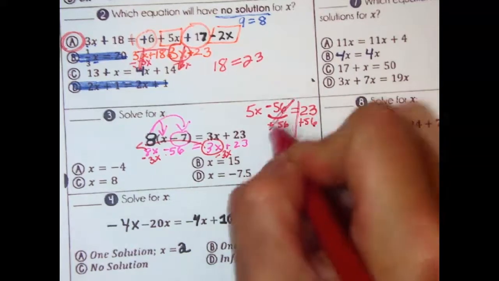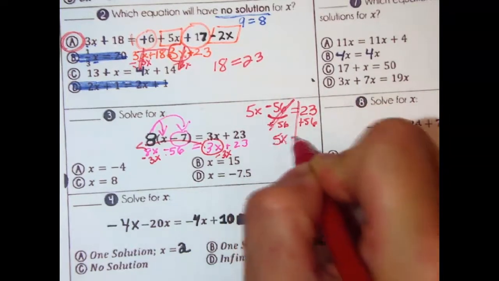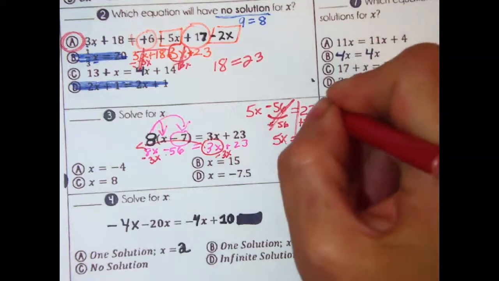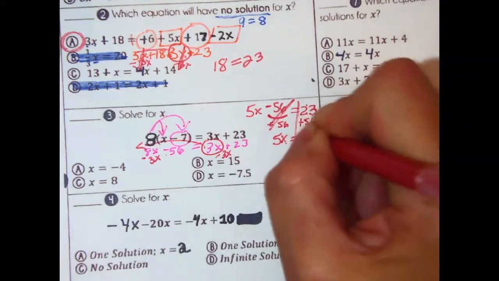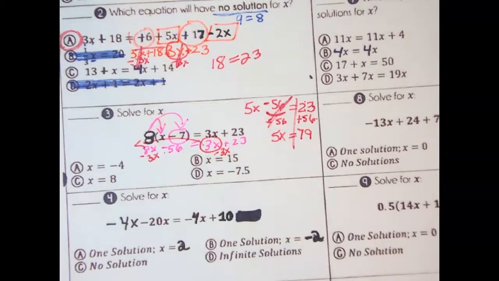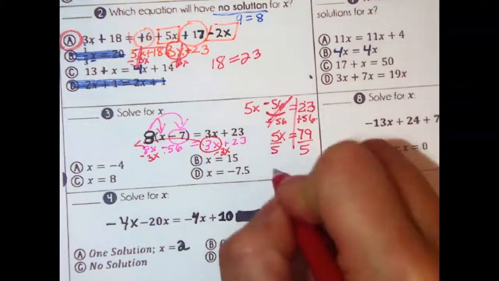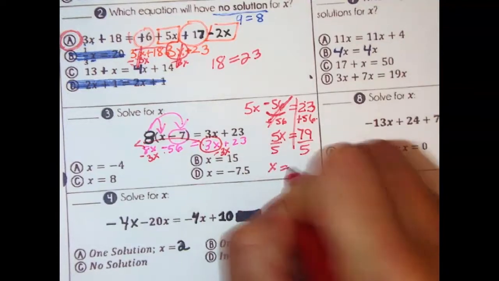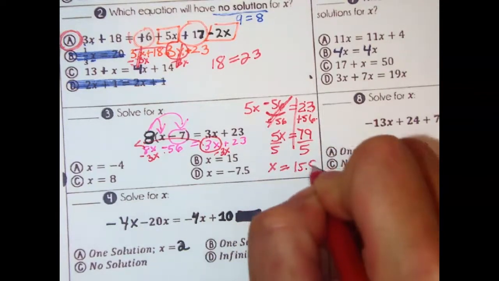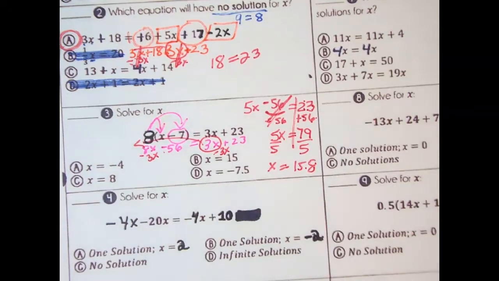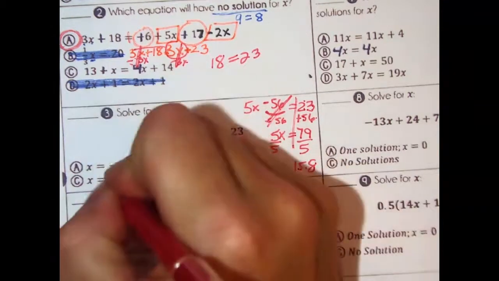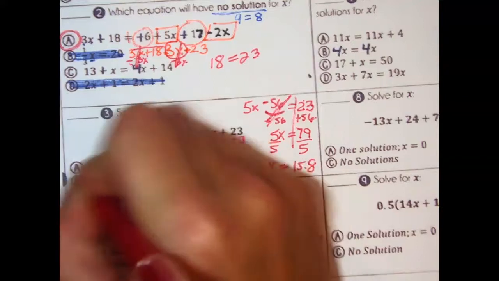So then over here it cancels and I get 5x equals 79. So from here I would take 79 and I'm going to divide both sides by 5, divide by 5, and x is going to equal 15.8. If you notice here, that would have been C, 15.8.